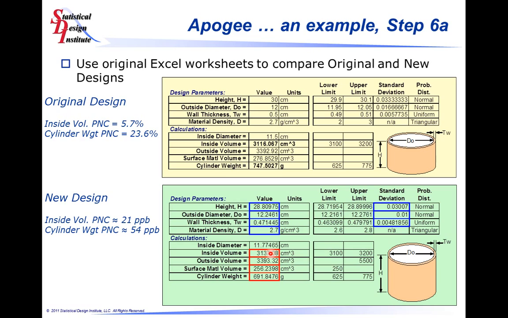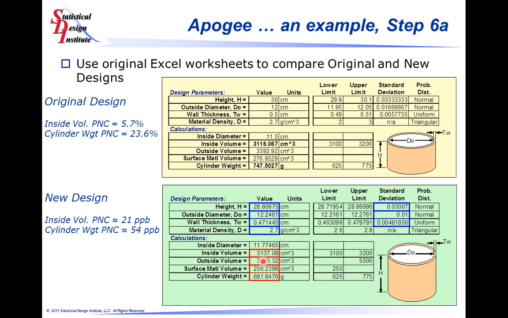Then when we go analyze the response for the key requirements, remember you had specifications on the inside volume. We defined a constraint of not to exceed on the inside volume. We had a not less than condition on the surface material volume, and then the cylinder weight we had a requirement.